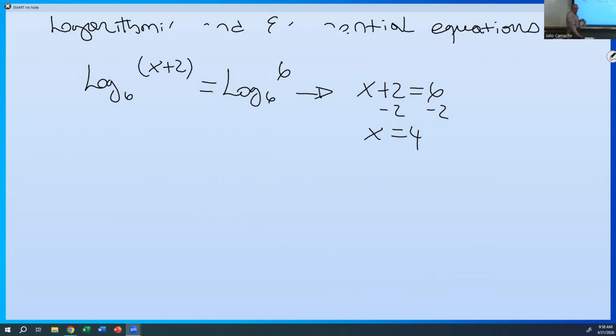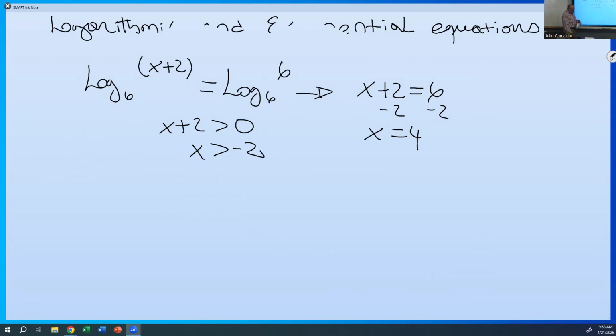This is a way to check my answer: to check the domain, you make an inequality with the argument, and then subtract 2 from both sides. So your answer has to be greater than negative 2.